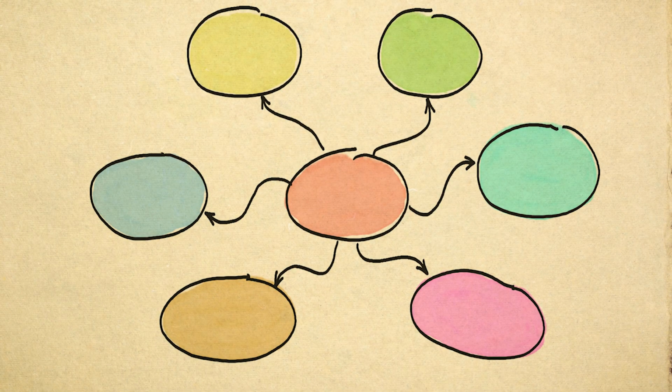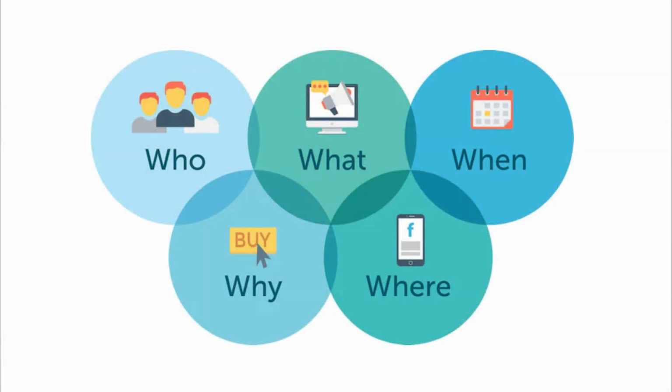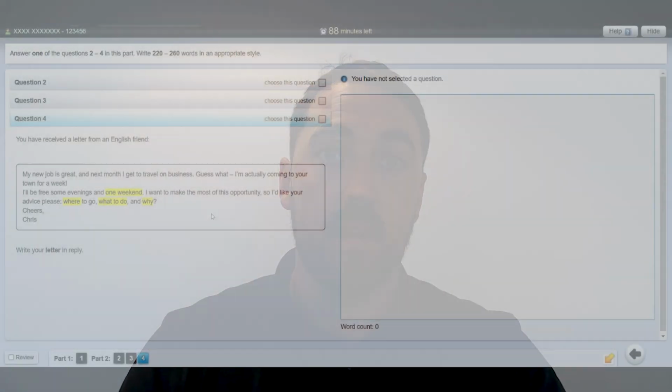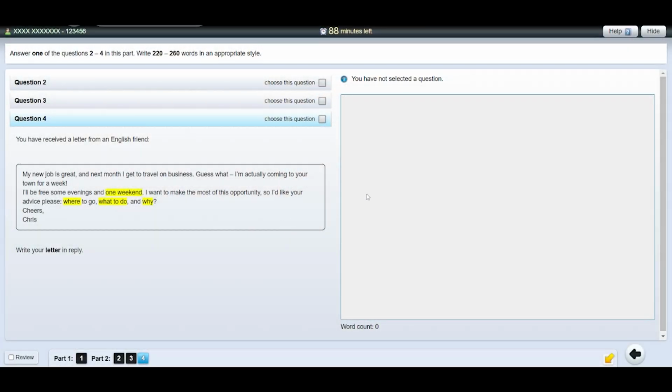Then they should draw what looks like a spider or mind map, where by following the subcategories of the 5 WH question words, what, where, who, why, and when, add some structure that they can refer to when they start writing. Let's look at an example.